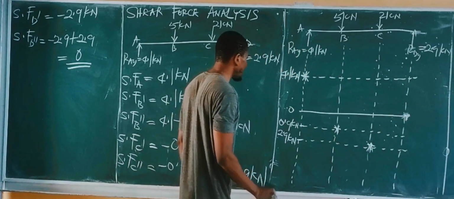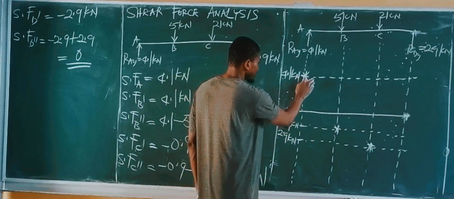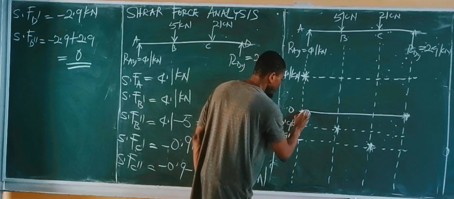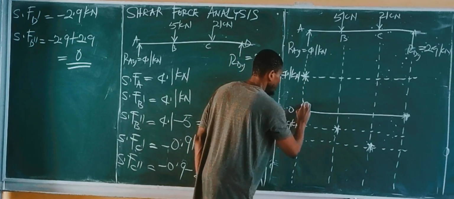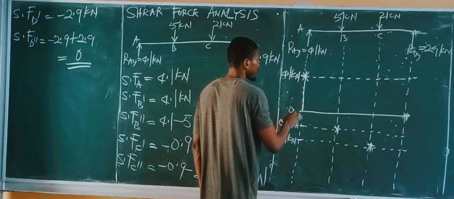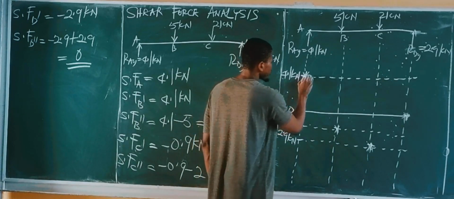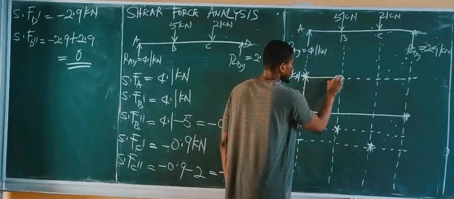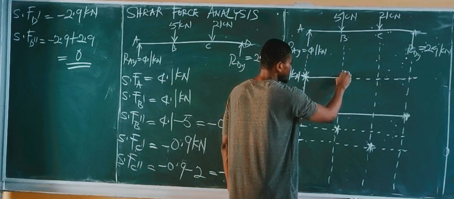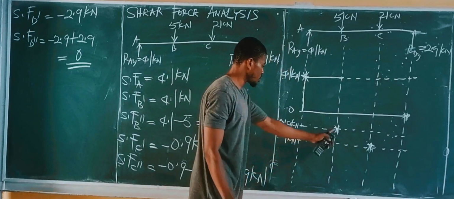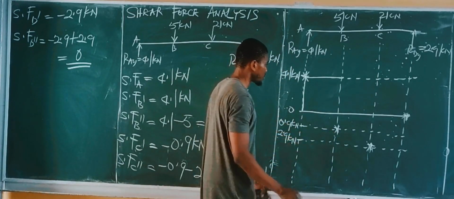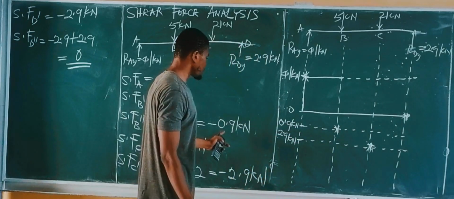Okay, so we start from the origin to locate point A, shear force at A. So from origin down to point A, we have shear force at point A. Now this same force moves from point A down to point B. And then at point B, it encounters a downward force of 0.9 kilonewtons. Okay, the shear force at point B is minus 0.9.